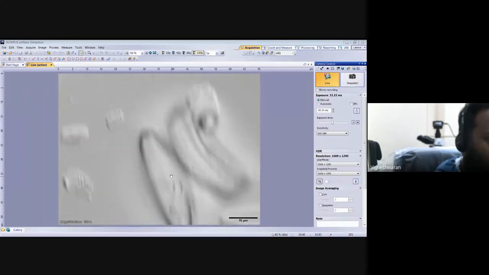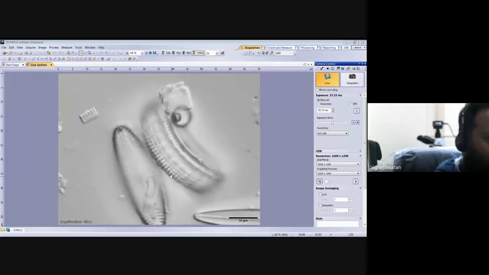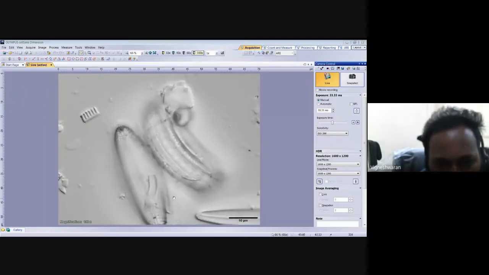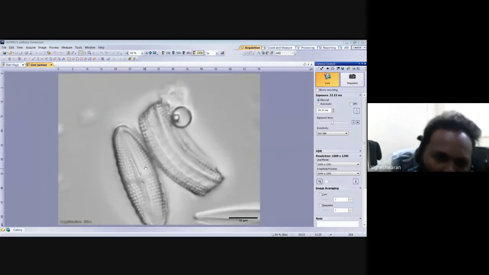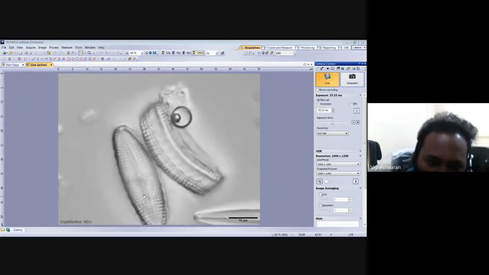Here you can see both the girdle view and the wall view. This diatom is very big. If you see 10 micron, it will be almost 30 micron, more than 30. Here, see, this is straight, and this is a little fallen, like vertical. The wall view and the girdle view together.